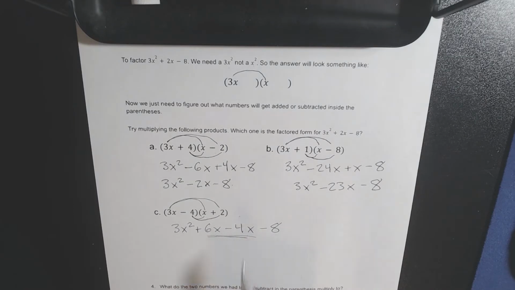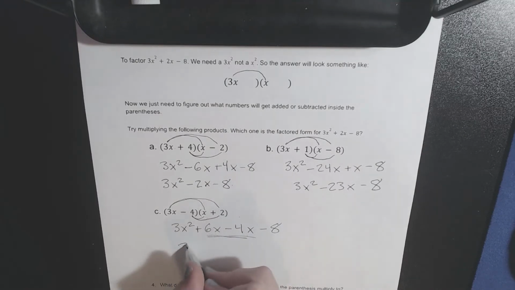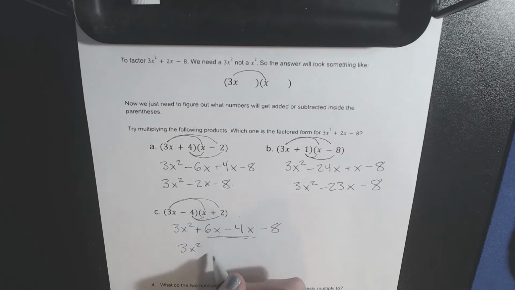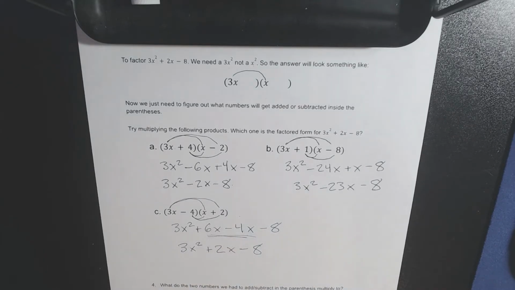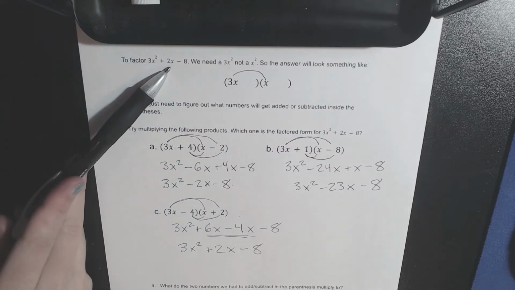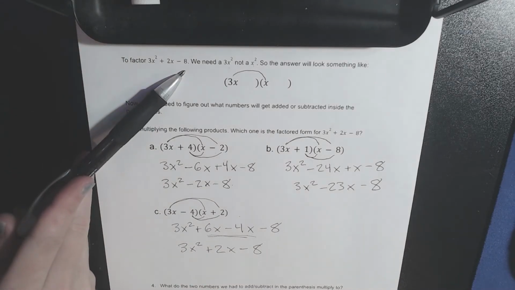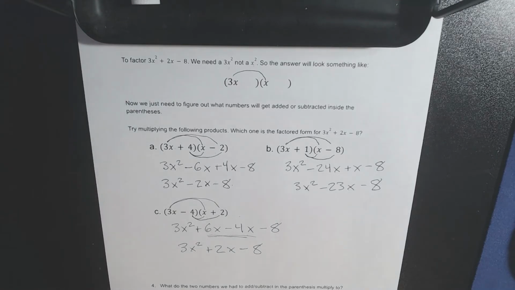A 6x and a negative 4x gives us 2x. And that's what we want, right? 3x squared plus 2x minus 8. So it turns out the factored form for this 3x squared plus 2x minus 8 is actually 3x minus 4 and x plus 2.